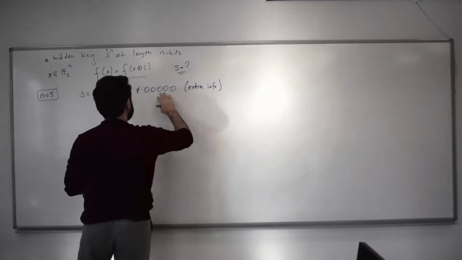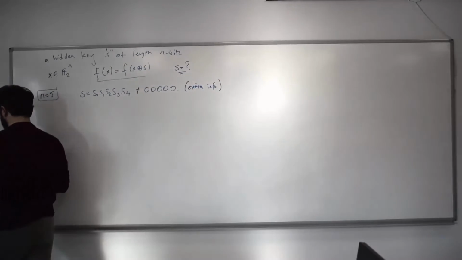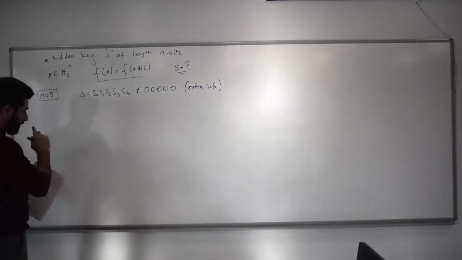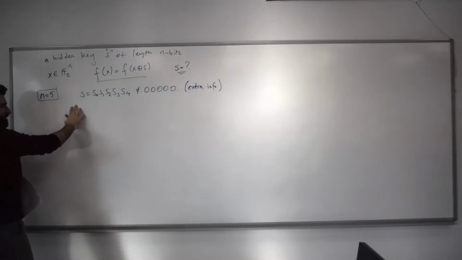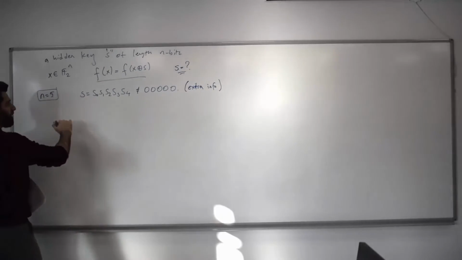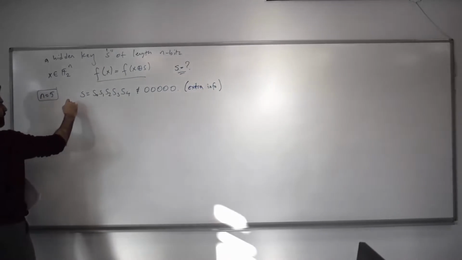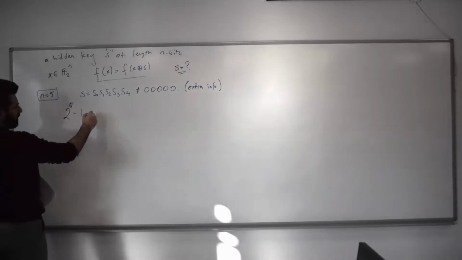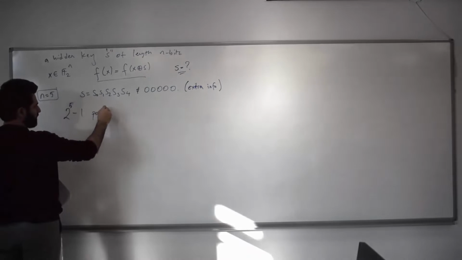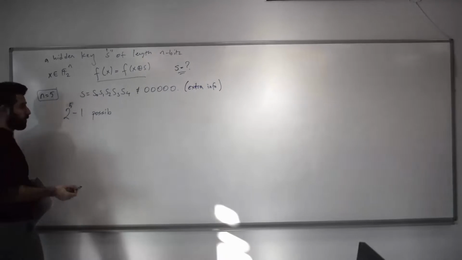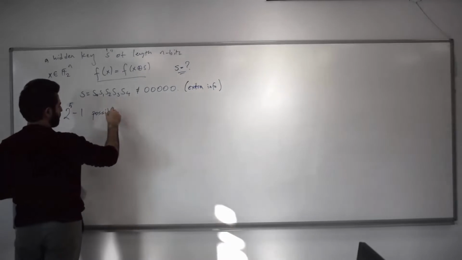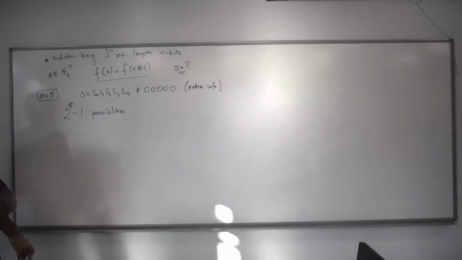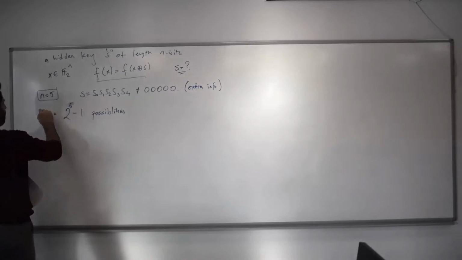Of course, if you have this inequality, that means there are 2 to the 5 minus 1 possibilities. These are the remaining possibilities. And that gives you 31, right?